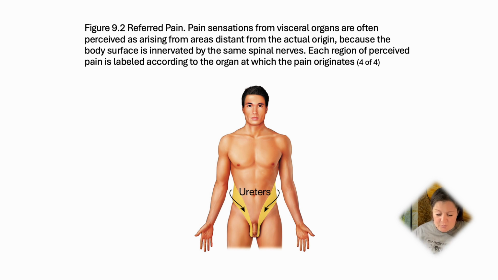And there are 3 types of mechanoreceptors the book mentions: the tactile, which is your touch, baroreceptors having to do with pressure, and proprioceptors, which have to do with position.